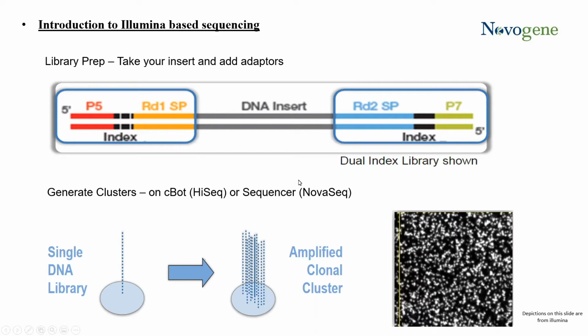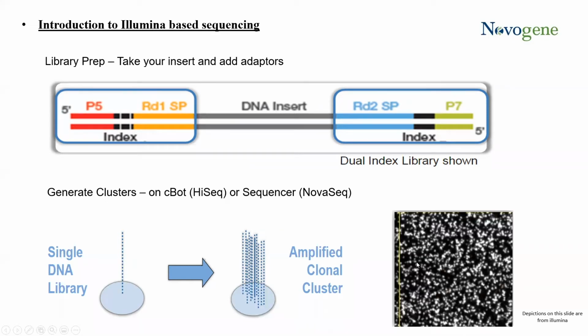So the library that is generated is theoretically placed on the lane. Within the lane, there are several tiles, and those tiles are where the clonal amplification occurs. So theoretically, one molecule should generate an entire cluster of identical molecules.